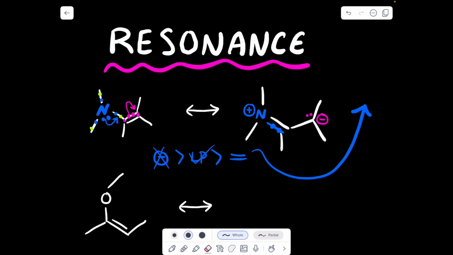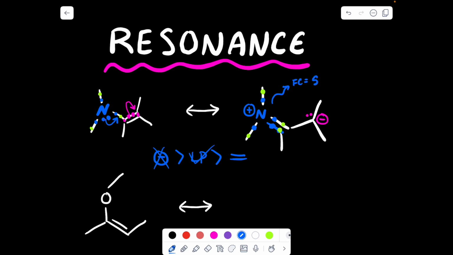And we can also confirm this by calculating the formal charges. So this nitrogen owns 1, 2, 3, 4 electrons currently. So therefore, if we wanted to calculate its formal charge, it would be 5, which we find on the periodic table. That is the number of valence electrons that nitrogen has.